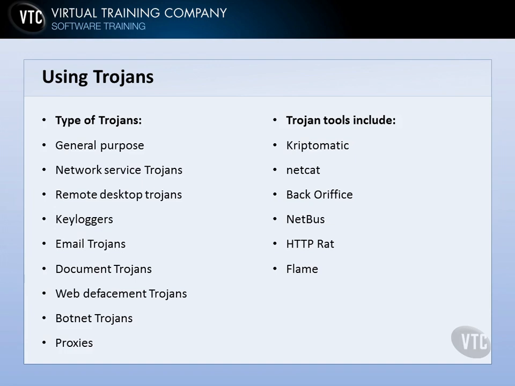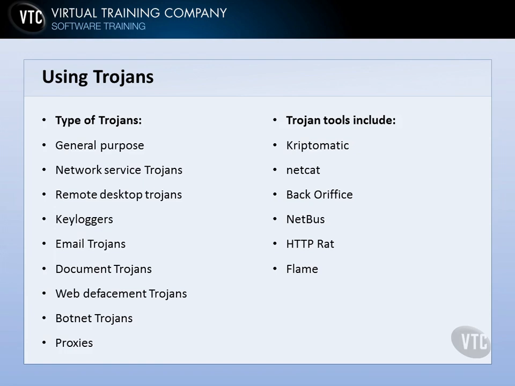Remote desktop Trojans allow a hacker to take control of a particular system through remote desktop, through VNC, for example, or RDP. You might see keyloggers that are Trojans, and obviously that's a very popular kind because it's used to intercept and get credentials and send them to an attacker. Email Trojans obviously can affect several things.